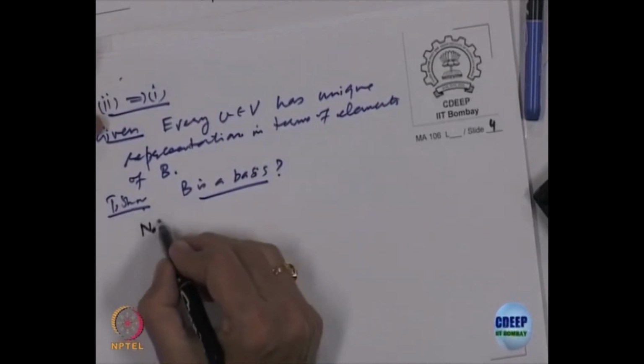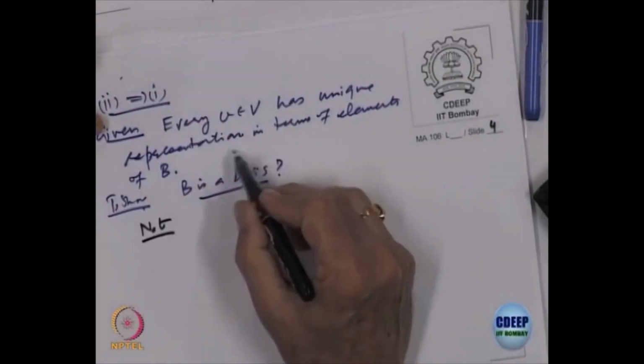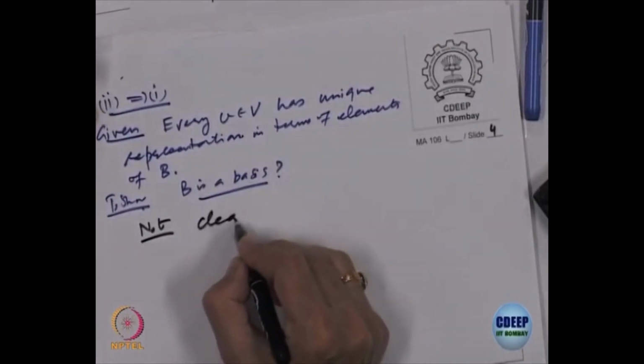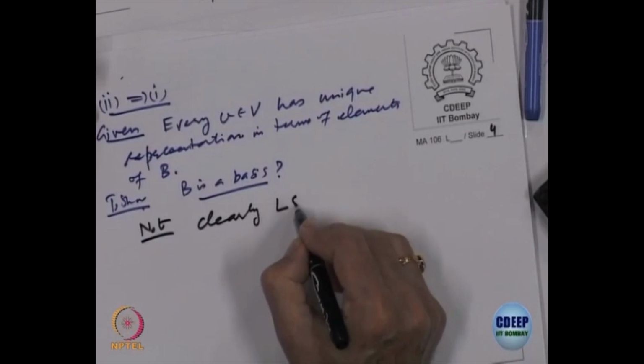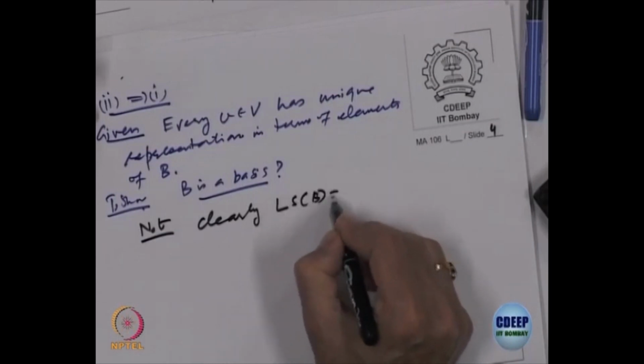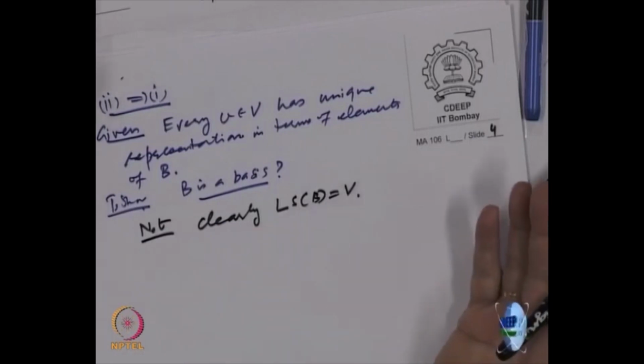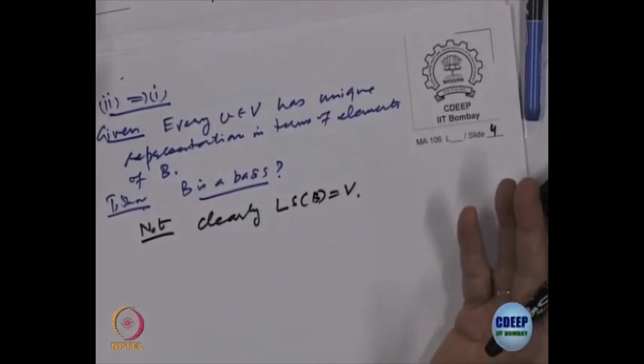So, note, first of all we note every element has got a unique representation. So, note clearly linear span of B is equal to V, because every element is representable, in fact uniquely. So, it spans anyway. So, what is left to be shown?